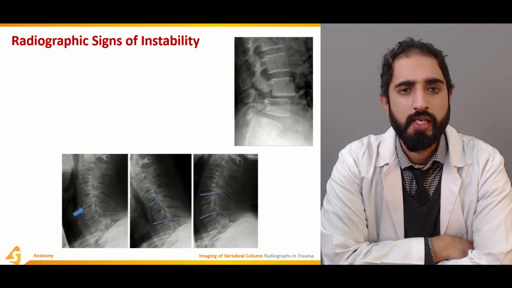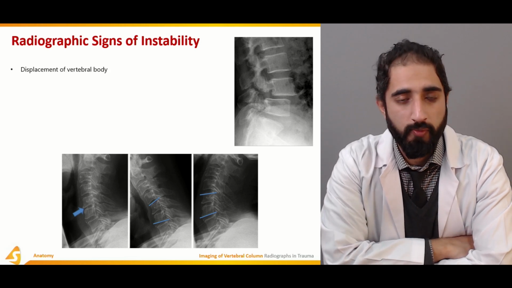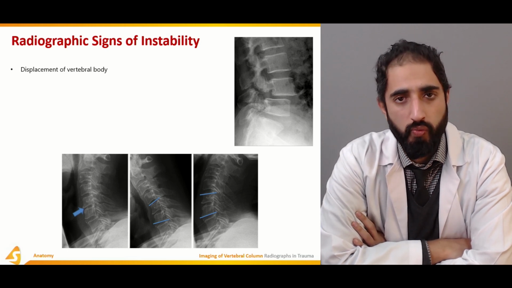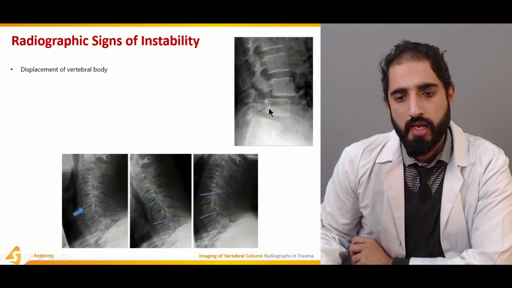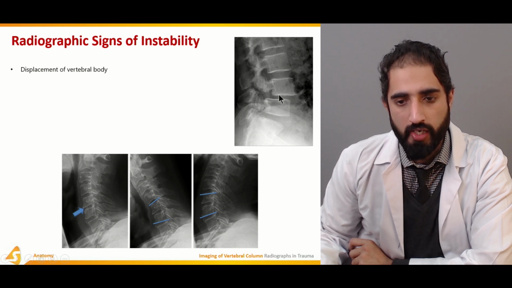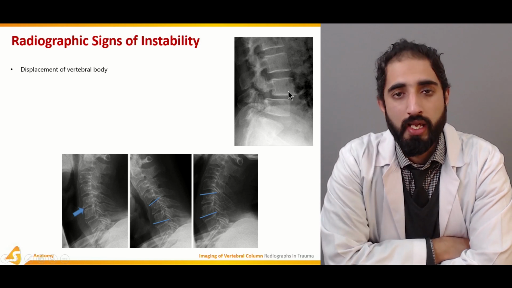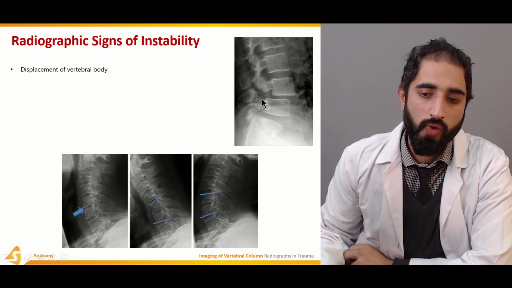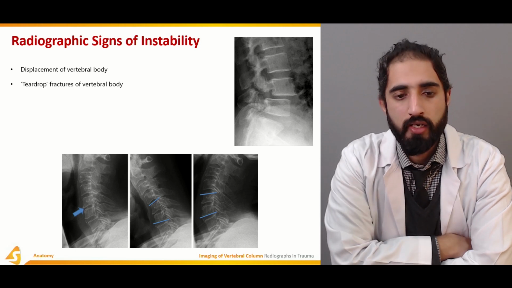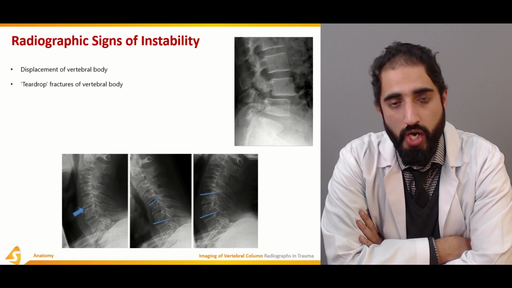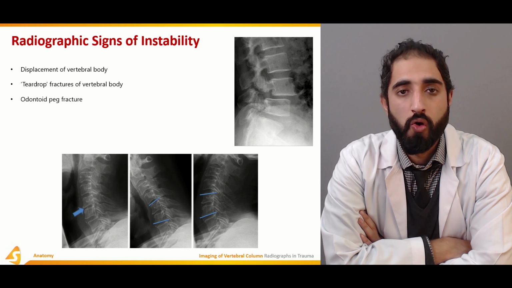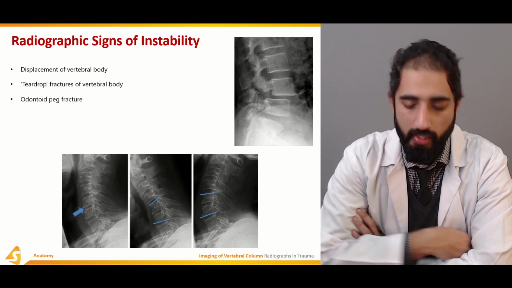Now, what are the radiographic signs of instability? They include, for example, displacement of a vertebral body, such as in a spondylolisthesis, which can be anterior, or a retrolisthesis. As we can see here, this is L4, L5, and S1. Here we can see the displacement of these segments, which are not aligned, and that identifies instability, which is also accompanied by a fracture in the region of the pars interarticularis, and teardrop fractures of the vertebral body, such as compression fractures, and odontoid fracture, which can be observed on the open mouth AP view in the cervical spine.